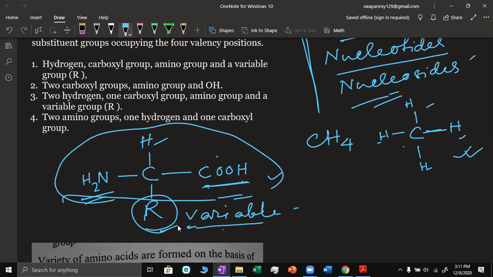So the answer is hydrogen, carboxyl group, amino group, and a variable group R. The other options, like two carboxyl groups or two amino groups, would then be part of the R group.